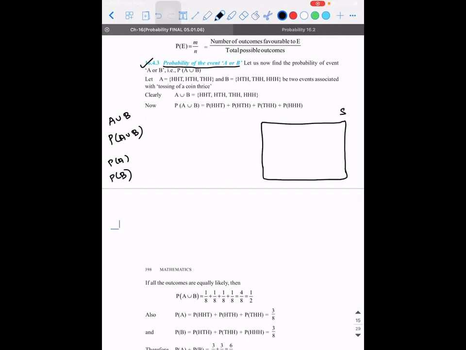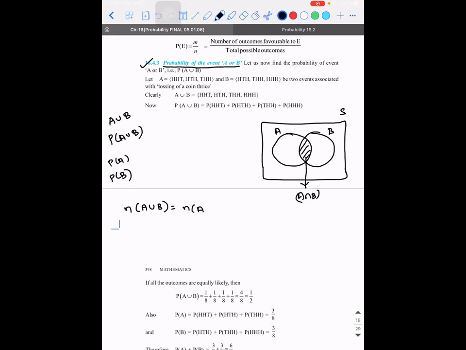If I take the sample space S, A and B are there. Now what is this place? It is A intersection B. Now tell me one thing, guys. If I ask you the number of elements in A union B, what will you say?